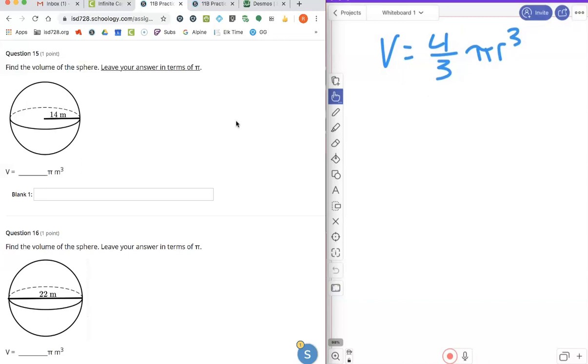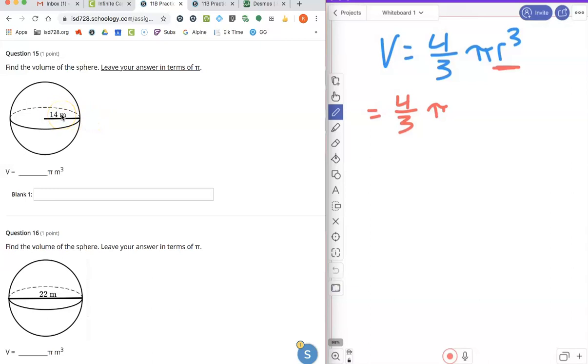It comes from calculus, so really all we need you to know is that that's what the formula is. Just kind of trust us on that. The nice thing is the only thing in this formula that ever changes is r. 4/3 and pi are just constant numbers. So the only thing you need to know about a sphere is the radius. If I don't give you that, you're really not going to have much luck doing the problem.